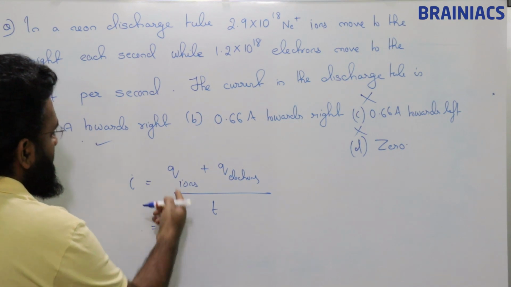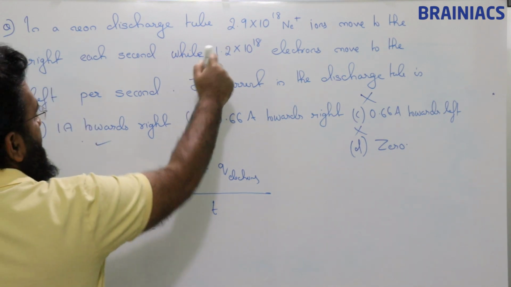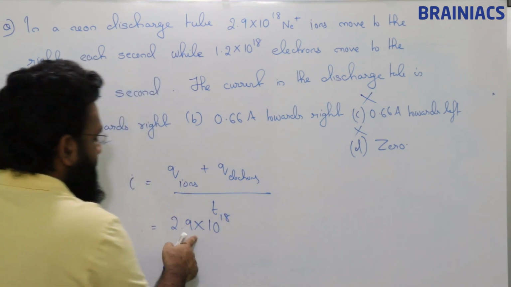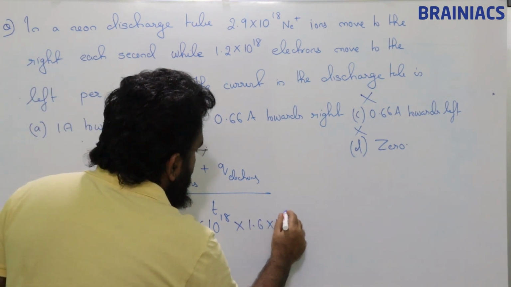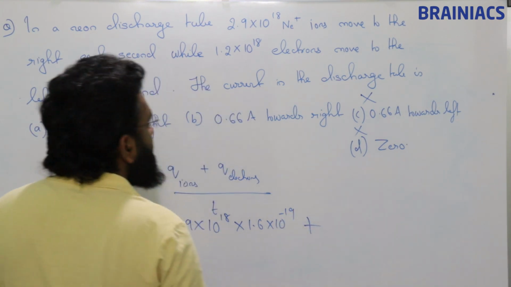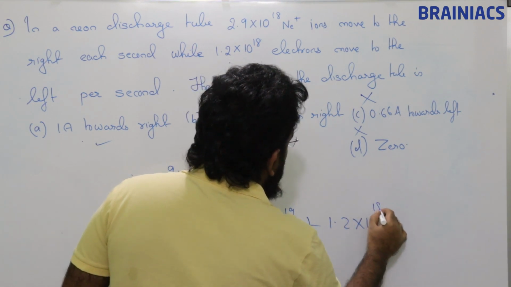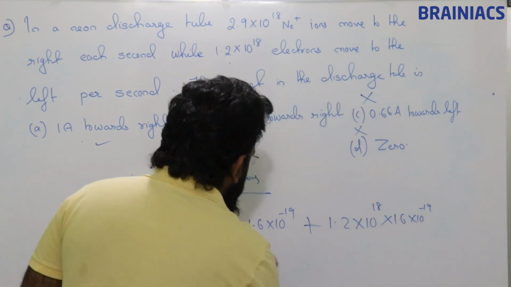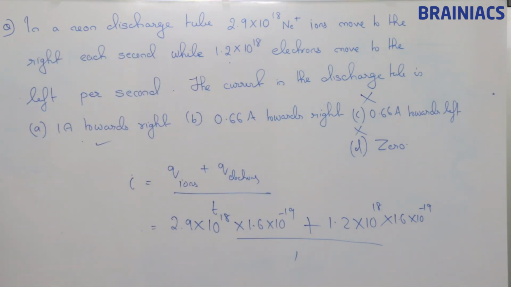So what is the charge due to ions? How many charges are there? 2.9 into 10 raised to 18 neon plus. This is actually N, number of charges, into how much? 1.6 into 10 raised to minus 19, plus how many electrons? 1.2 into 10 raised to 18 into 1.6 into 10 raised to minus 19, divided by time is 1 second, because this many charges are moving per second.